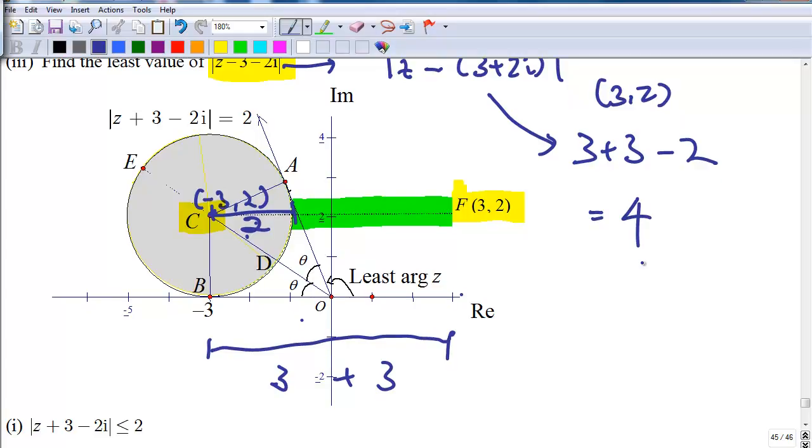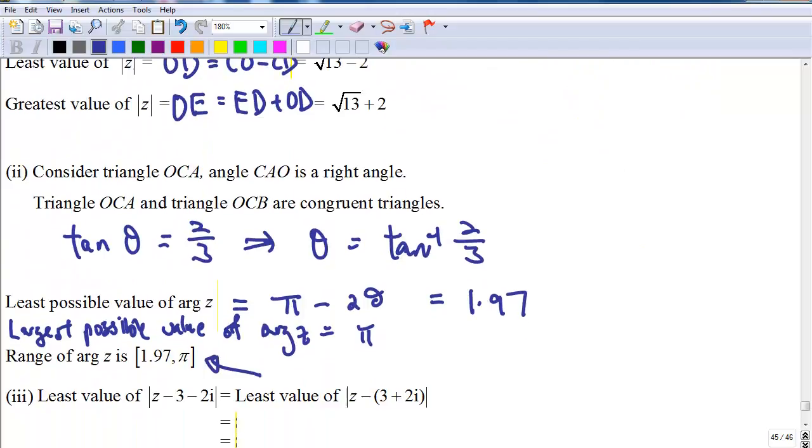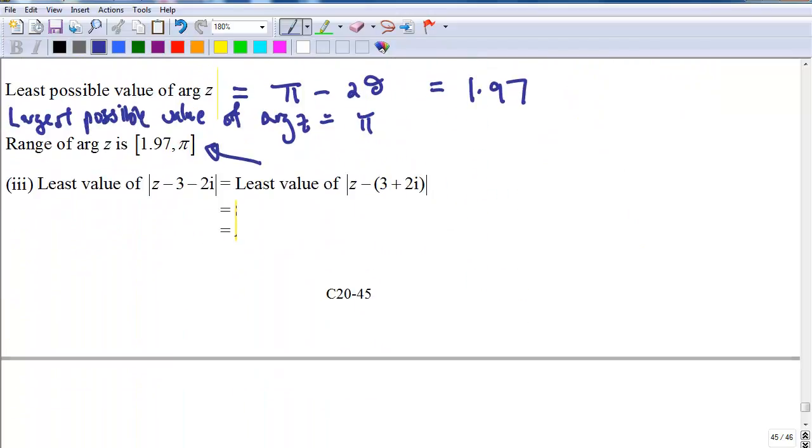Let's put all this into your notes below here. The least value of modulus z minus 3 minus 2i is the same as the least value of modulus z minus 3 plus 2i.